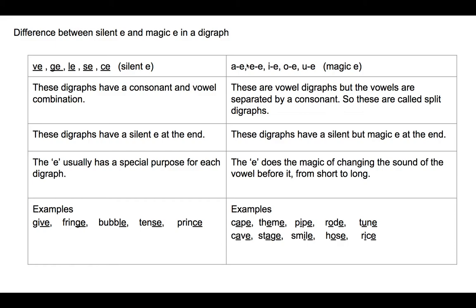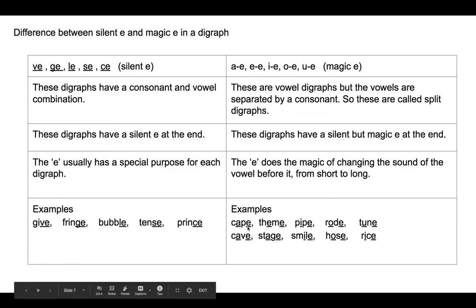It is still silent. The E usually has a special purpose for each of these digraphs. In this case, the E does the magic of changing the sound of the vowel before it from short to long. Let us look at the examples.